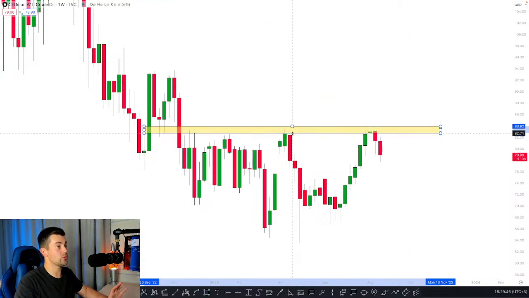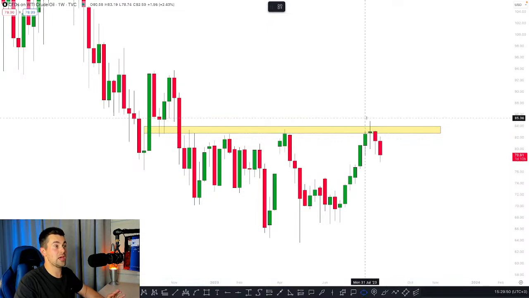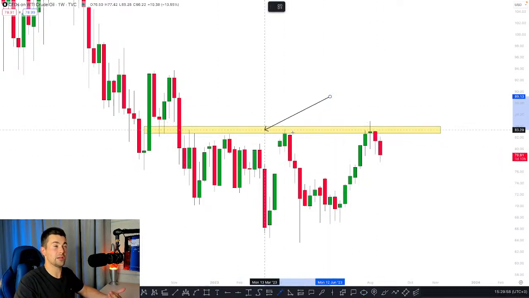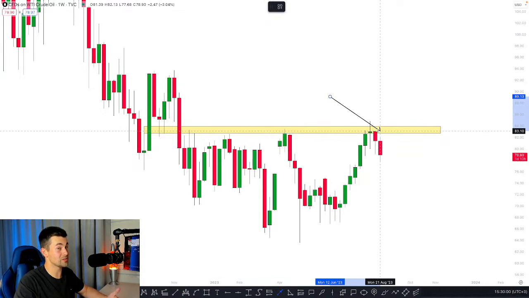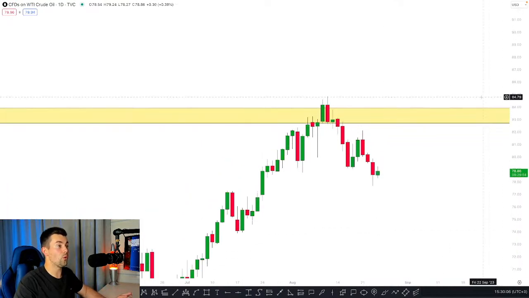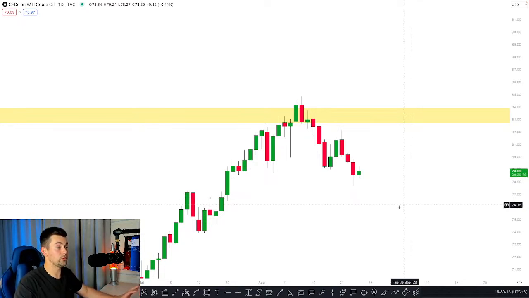Yes, we got a very strong resistance cluster that was reached, and you can see that testing that weekly resistance, we formed a doji candle. Yes, and I told you many times that from that resistance we will most likely see the bearish reaction, and it really happened.